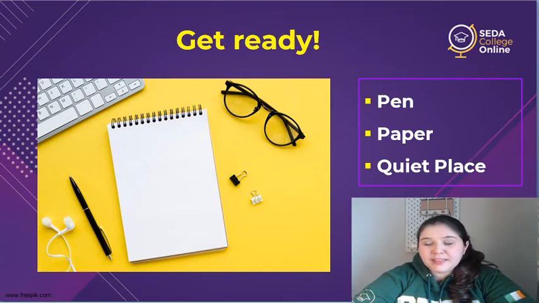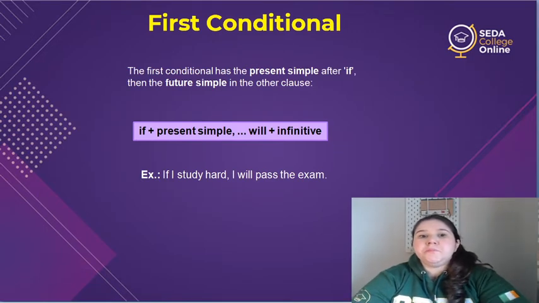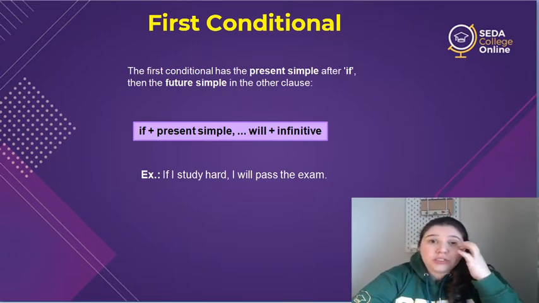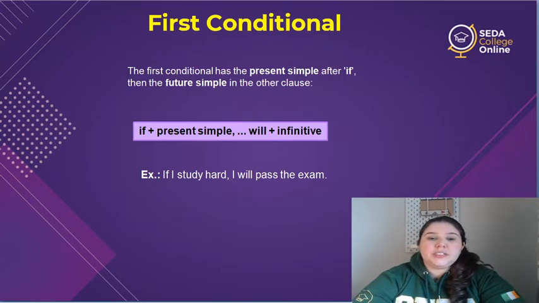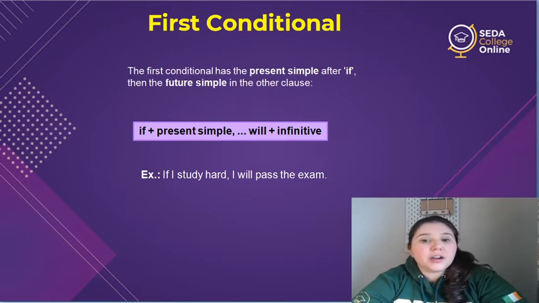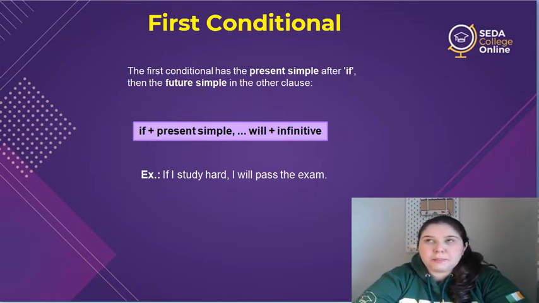All right, now let's start with the first conditional. So the first conditional has the present simple after if, and then the future in the other clause. So the structure of the first conditional is if plus present simple, and then in the second clause will plus infinitive. So one example of this sentence is, if I study hard, I will pass the exam.